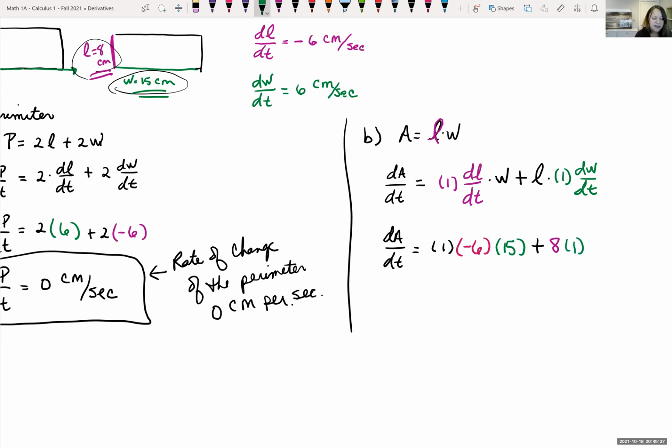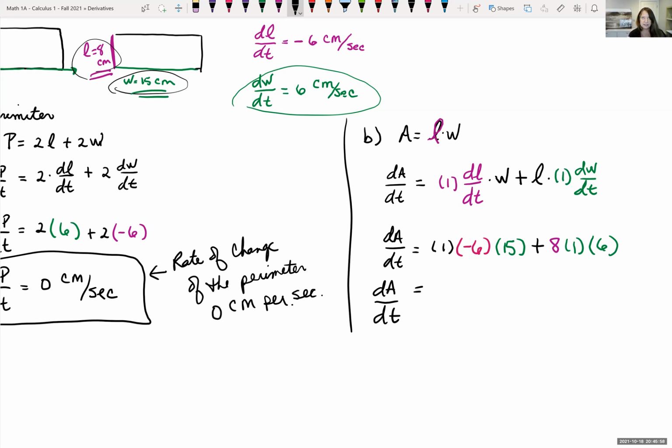Really don't need the 1 there. And dW/dt, the width is growing at 6 centimeters per second. So we have enough information that we can find the rate of change of the area with respect to time when our length is 8 centimeters and our width is 15 centimeters.